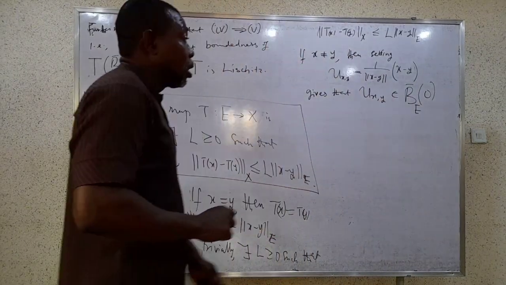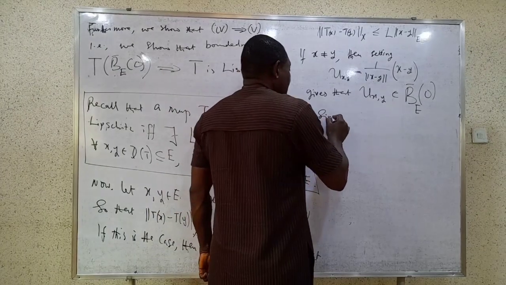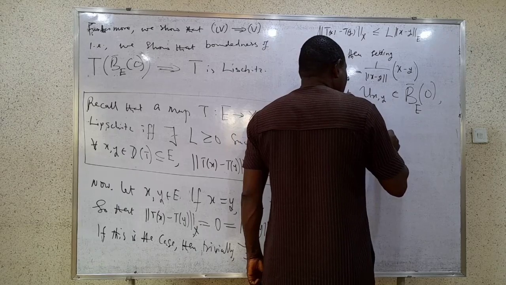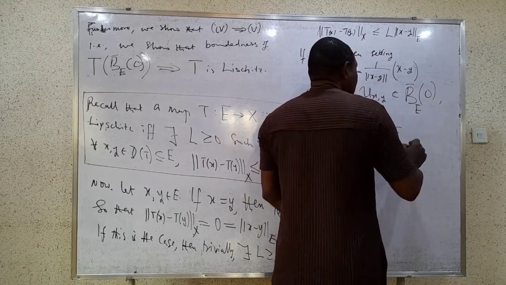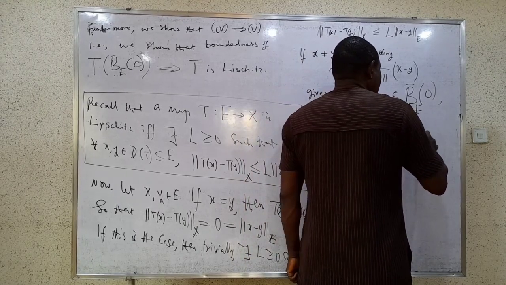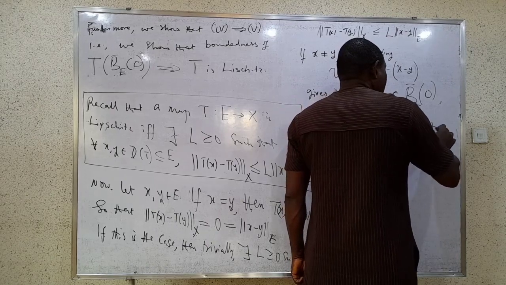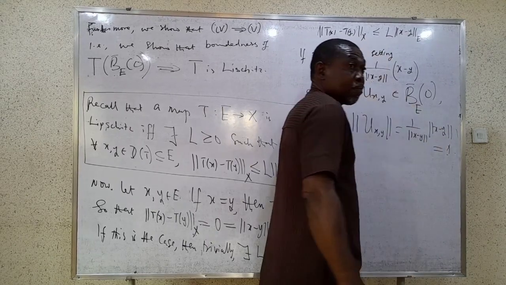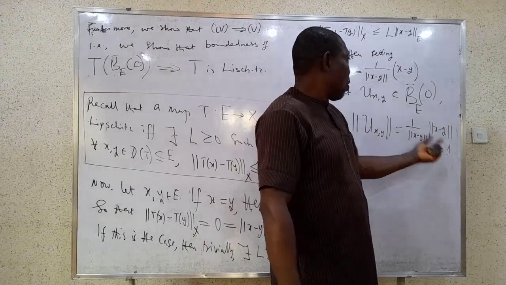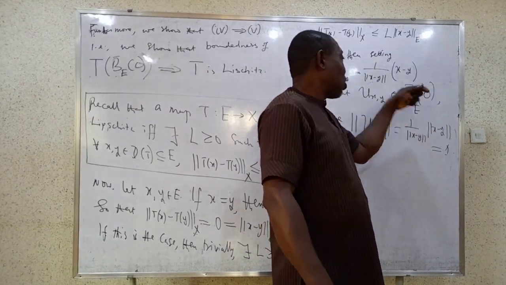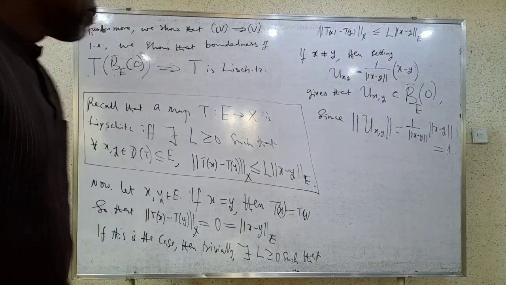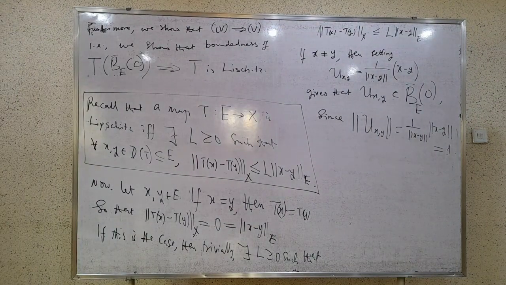Do you know why? Since the norm of u_{x,y} is equal to 1 over norm of x minus y, times norm of x minus y, and this will be equal to 1. And since this norm is 1, it is in this ball, because this ball is the set of all those for which the norm is less or equal to 1. So that thing is in that ball.